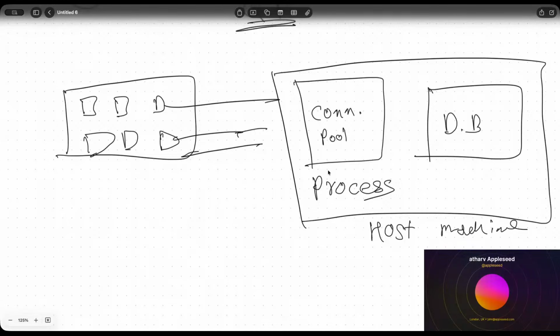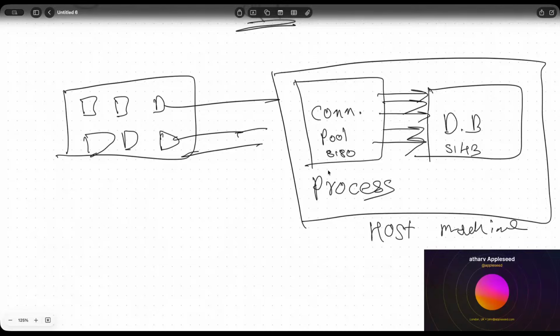This will be running on port 5143, for example, and this will be running on 8180, for example. And what this connection pooler does is it maintains, let's say, 5 connections with our database, or let's say 10 connections that is manageable. So every request that we want to make to our database goes through this connection pool.